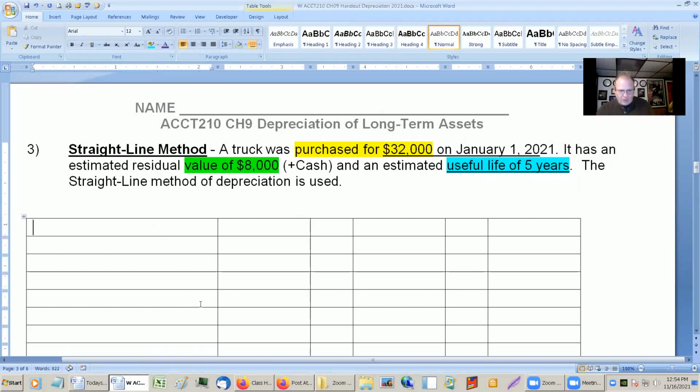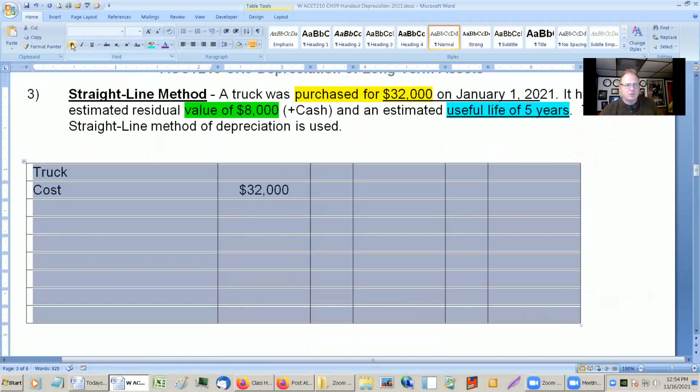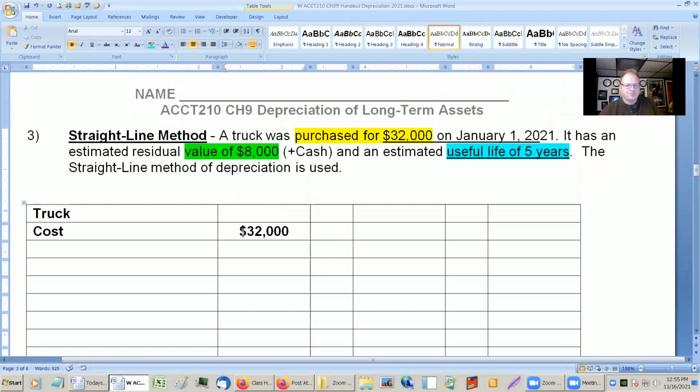So first thing I'm going to do is find the depreciable amount. This was a truck. The cost of the truck was 32,000. Now the residual value, this is money we're going to get back, cash coming back. It's going to reduce the cost.